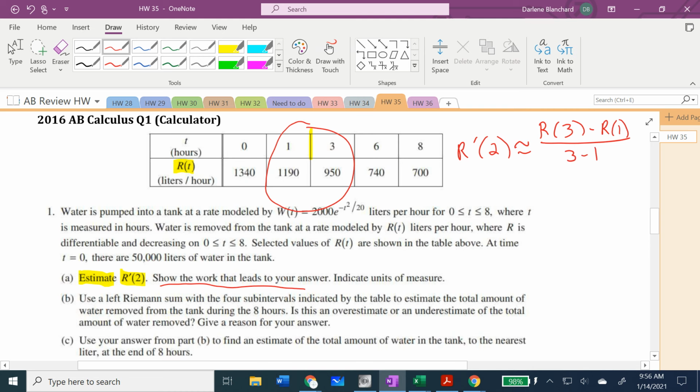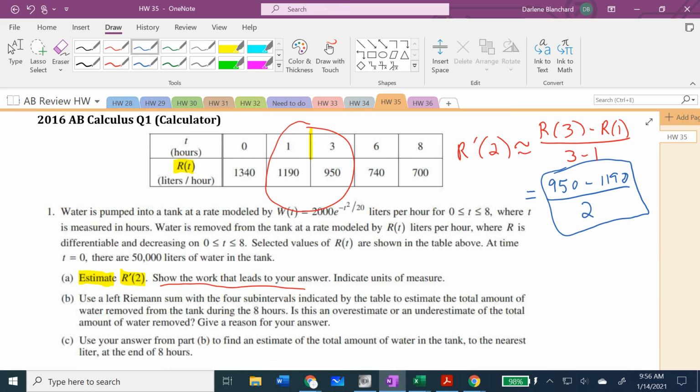So you're telling them this is the slope formula I'm using, and then you can go ahead and just throw those numbers down. So at that point, you can say that that is equal to 950 minus 1190 over 3 minus 1, or 2, but know that you can stop here unless you feel like you want to take the risk of subtracting and dividing by 2. You do have a calculator, so hey.